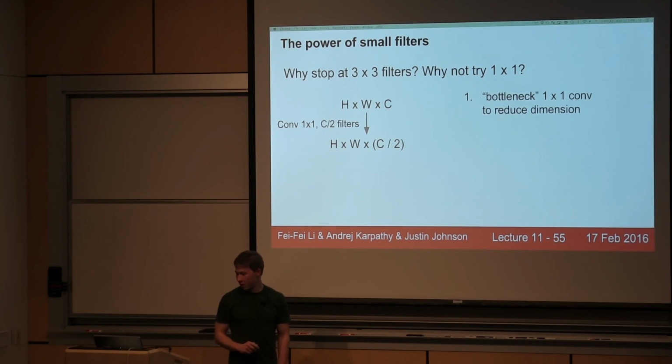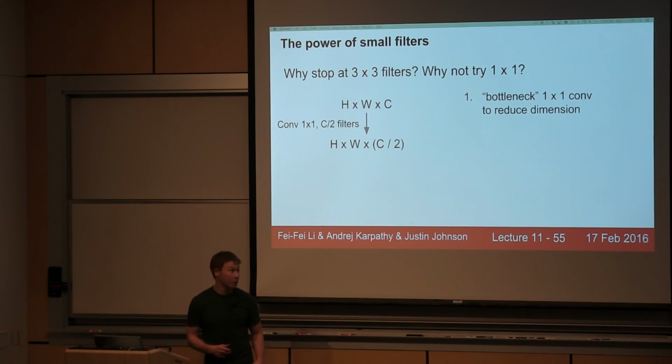So what we're going to do here is compare a single 3x3 convolution versus a slightly fancier architecture called a bottleneck architecture. Again we assume an input of H by W by C. And here we can do a cool trick. We do a single 1x1 convolution with C/2 filters to reduce the dimensionality of the volume.